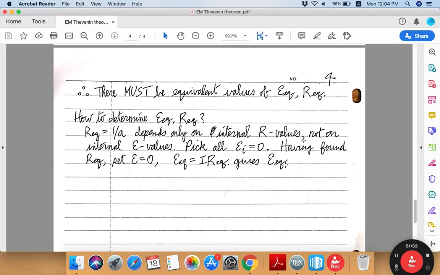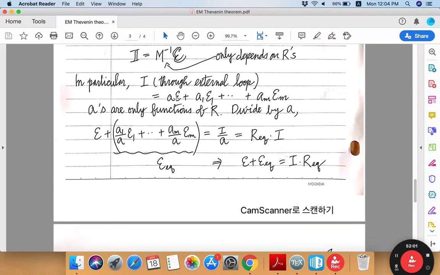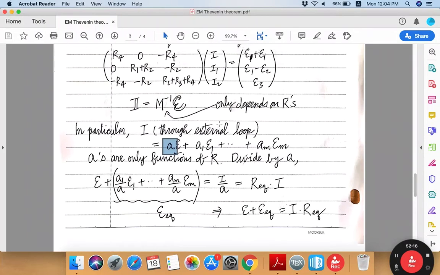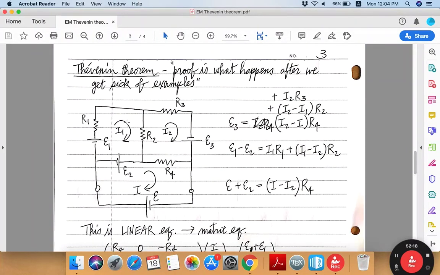Well, in practice, this R equivalent equal to 1 over A, where A is this coefficient used in the expansion of the solution for the current, only depends on the values of the internal resistance, which means in this example, this R equivalent is only a function of R1, R2, R3, and R4.